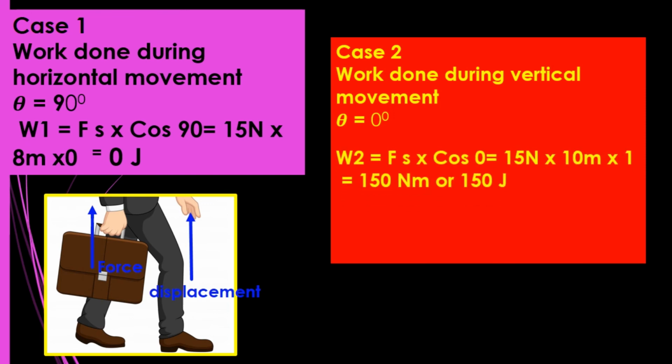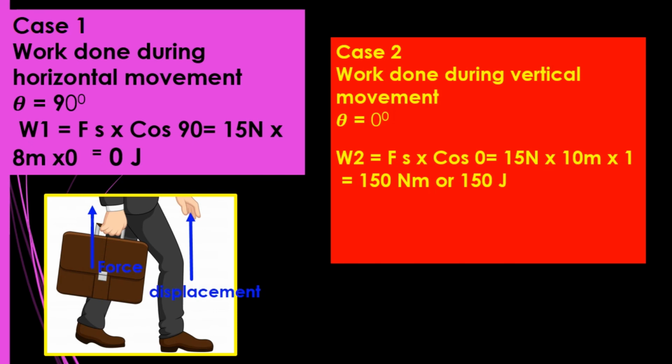So work done in the second case, W2 is equal to Fs cos 0. Force is 15 Newton. Displacement is 10 meter. And the value of cos 0 degree is 1. Hence, the work done in the second case is 150 Newton meter or 150 joules.